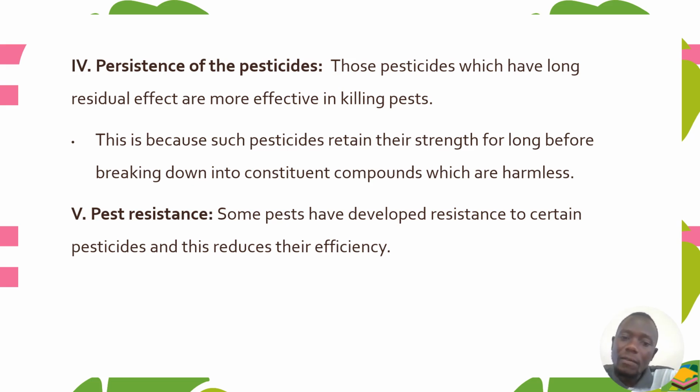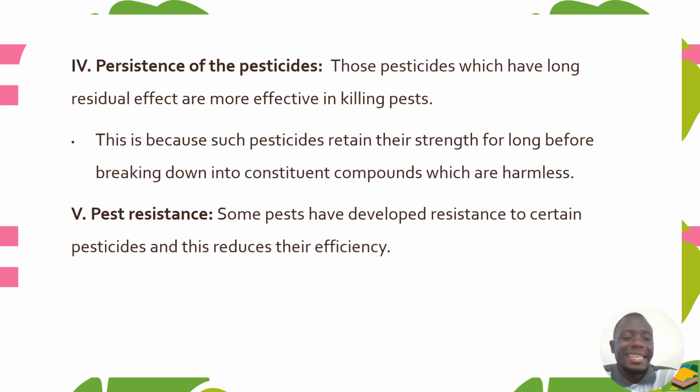So they are more effective in killing the pest than the pesticides which work for a short period of time, or have a short residual effect. This is because such pesticides retain their strength for long before breaking down into constituent compounds which are harmless.